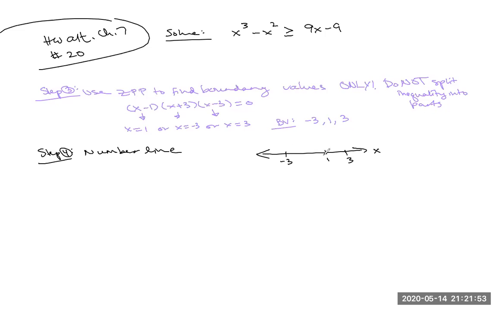Doesn't have to be perfect. If you can't really estimate though that well in terms of the numbers, actually mark every value from -3 to 3, just in terms of like ones. Okay, so we have our number line with marked boundary values.